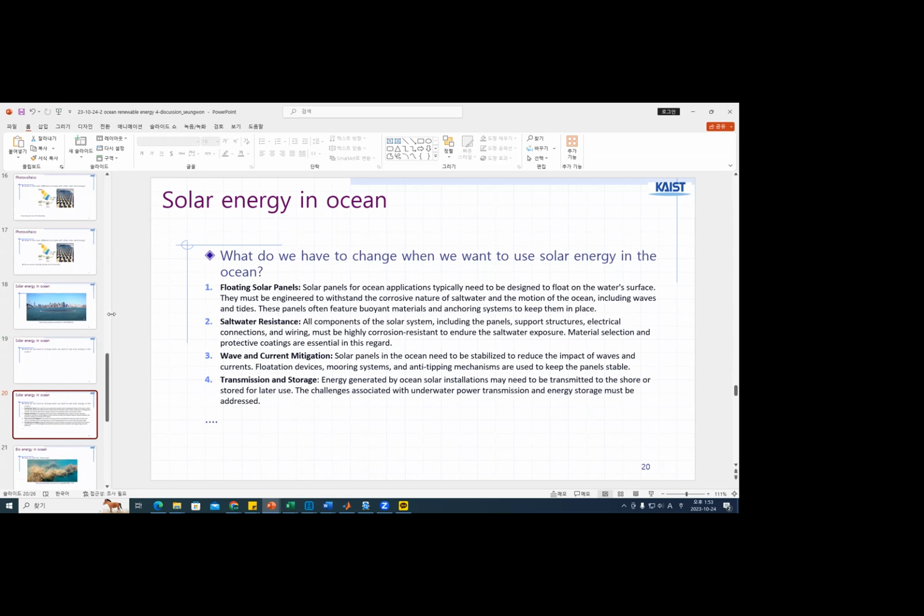Because the solar energy is located in the ocean, the transmission and storage system should be enough to send the electricity to the land.